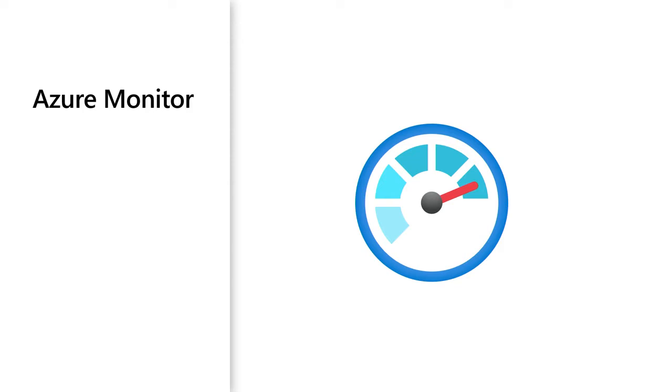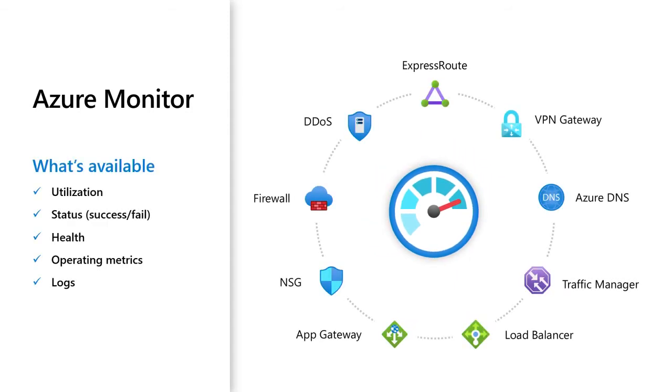Now, from a networking standpoint, why is this important? All of our services, the networking services, networking components, send data into Azure Monitor as well. So whether you're talking about our connectivity portfolio, which is ExpressRoute and VPN, or our lineup of gateways, or our security portfolio, which consists of firewalls, NSGs, etc., we send data into Azure Monitor as well.